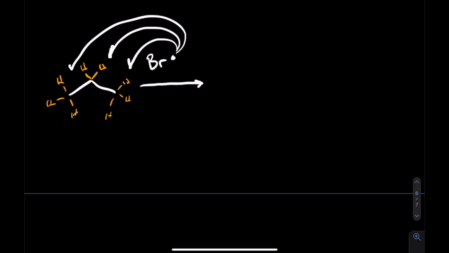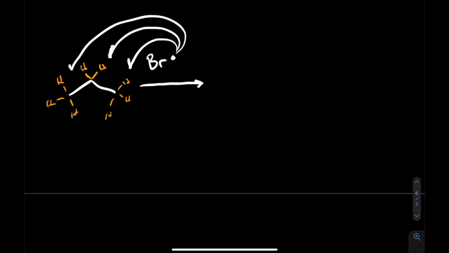And remember, it can pick one off and then it can go backwards. Things can shuffle around. The thing that's going to really determine our reactivity is trying to decide which of the intermediates it makes is more stable. So it can make one of two different intermediates in this process.